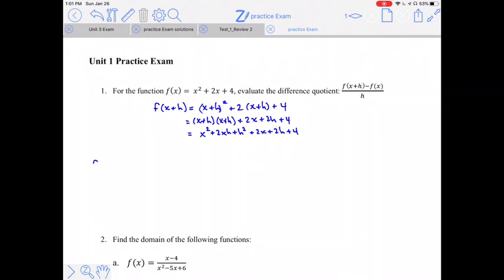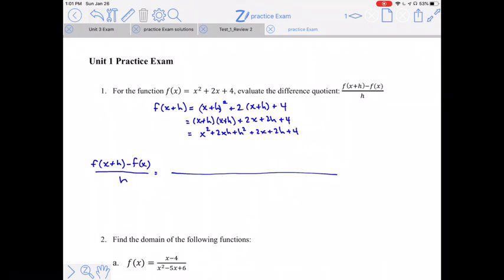So when we are ready to evaluate now, this expression, f of x plus h, is replaced with this expression here.